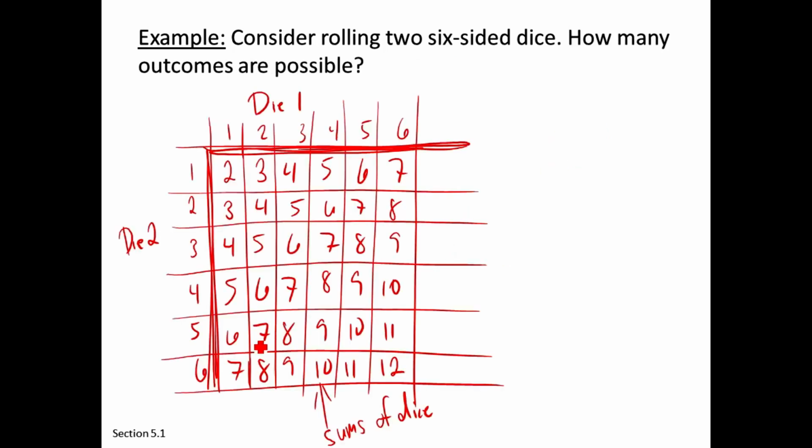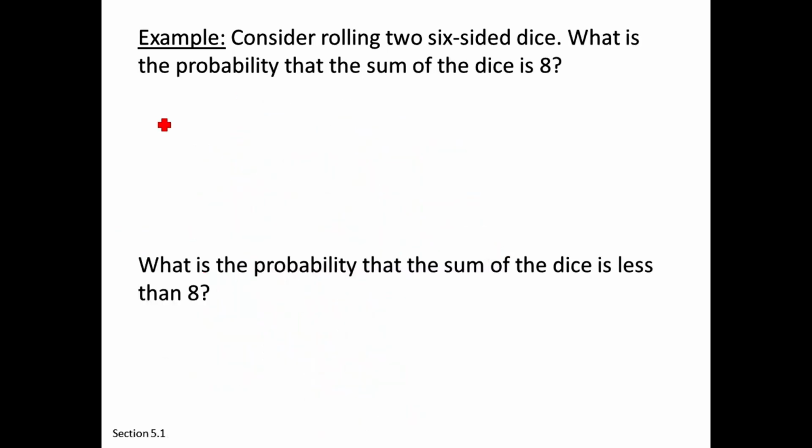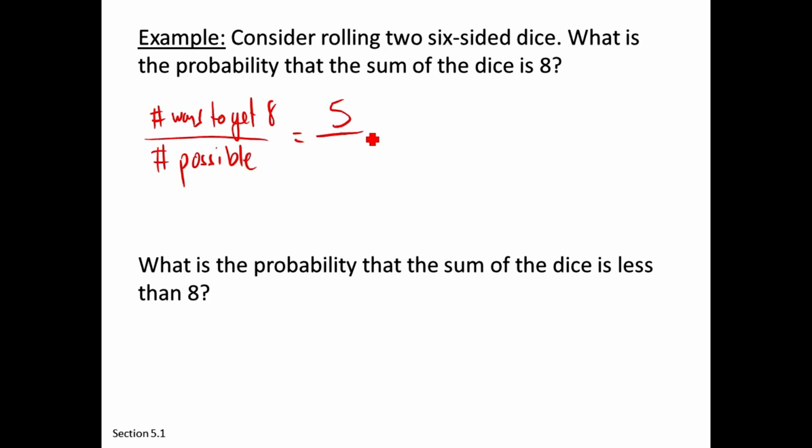So you go back to your chart and you say, okay, remember the basic definition of probability is number of ways that it can happen divided by the number of possibilities. So how many ways can we roll an 8? 5. Yep, 1, 2, 3, 4, 5 ways. How many ways can you roll the dice? 36. So it's going to be the number of ways to get 8 over the number of possibilities. There's 5 ways to roll an 8. There's 36 ways to roll 2 dice, and that's your answer.